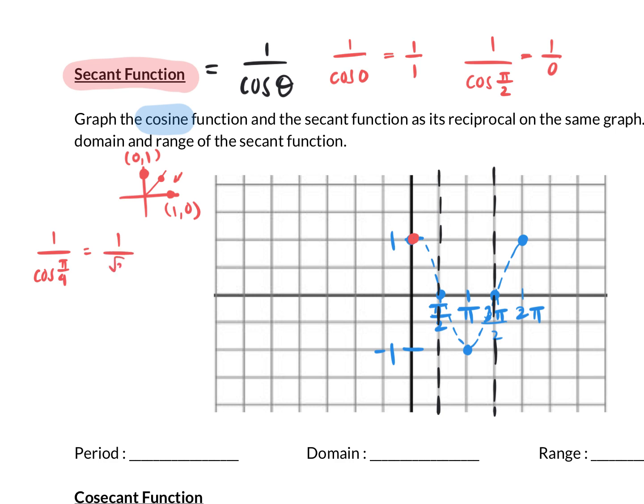So 1 divided by the square root of 2 over 2. And I'm just going to tell you, in the calculator, that would be approximately 1.41. Okay, so if I were to plot that point on this graph, pi over 4 is in between 0 and pi over 2, and then up at 1.41 is approximately right there.